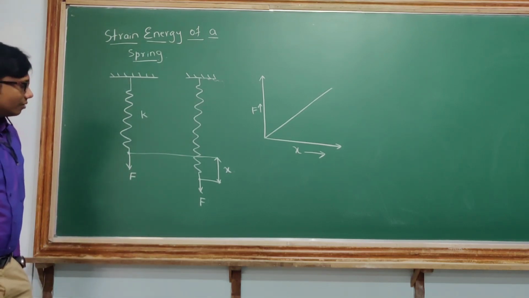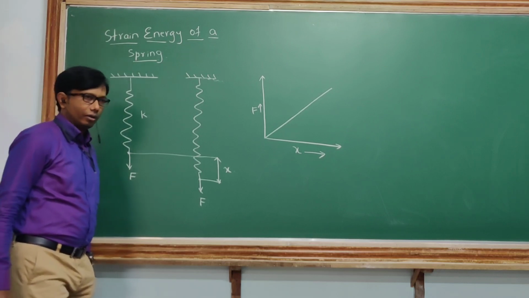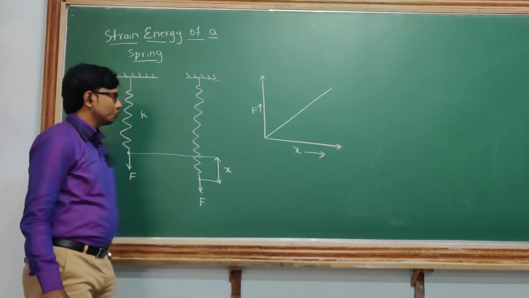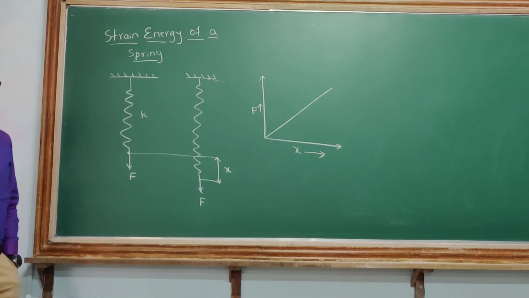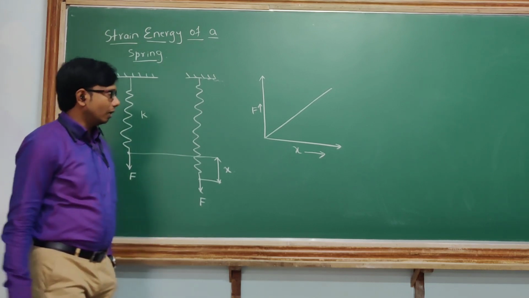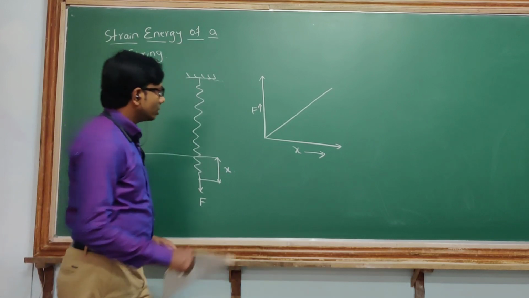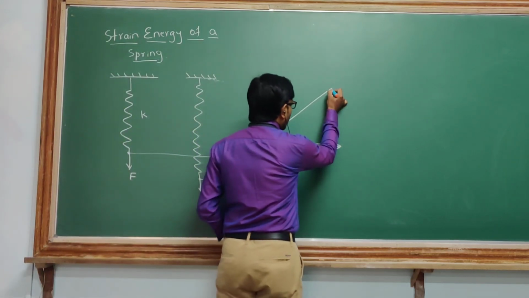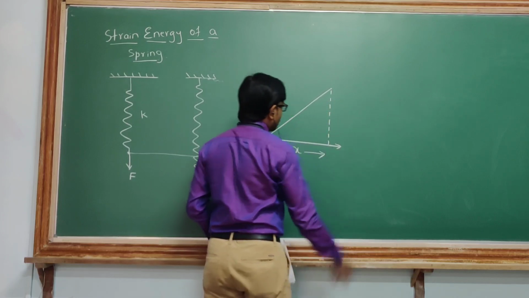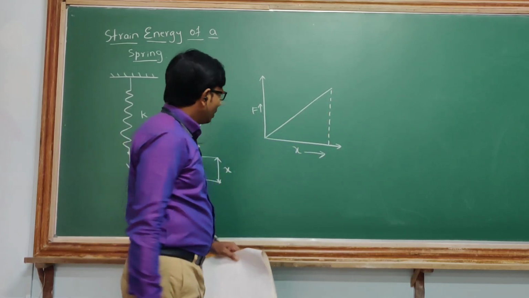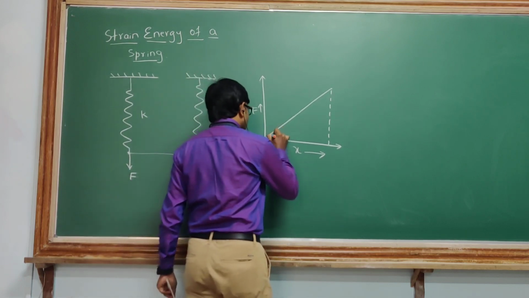Whenever we have a linear relationship, a linear plot, the area under that plot constitutes the strain energy. So for this particular case, I will just draw a projected line here.